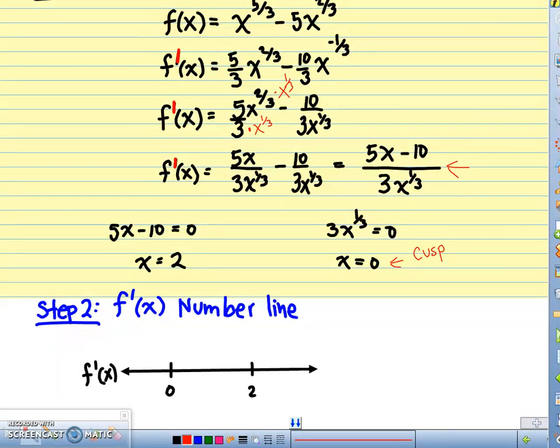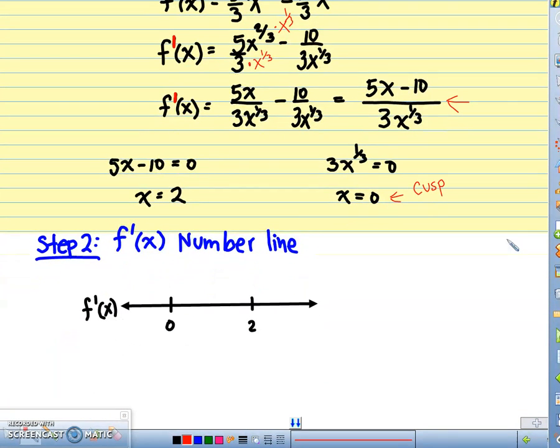Then you want to organize this on the number line. Go ahead and pick some test values. So we have intervals from negative infinity to 0, from 0 to 2, and from 2 to positive infinity. Tell me which intervals are increasing and which intervals are decreasing. Okay, pause the video.